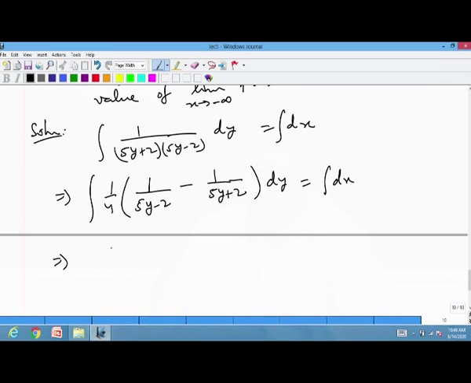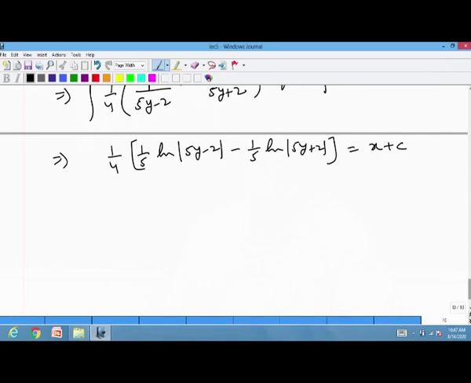So, this gives 1 by 4. The integral of 1 by (5y minus 2) will give 1 by 5 times natural log of mod 5y minus 2, minus 1 by 5 natural log of mod 5y plus 2, is equal to x plus c.